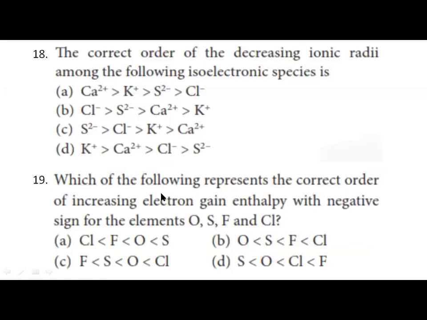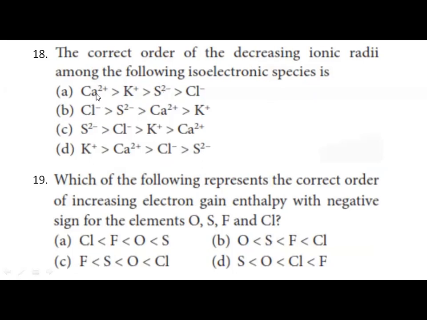The correct order of decreasing ionic radii among the following isoelectronic species. As I said, with the increase in positive charge, ionic radius decreases. With the increase in anionic charge, ionic radius increases.